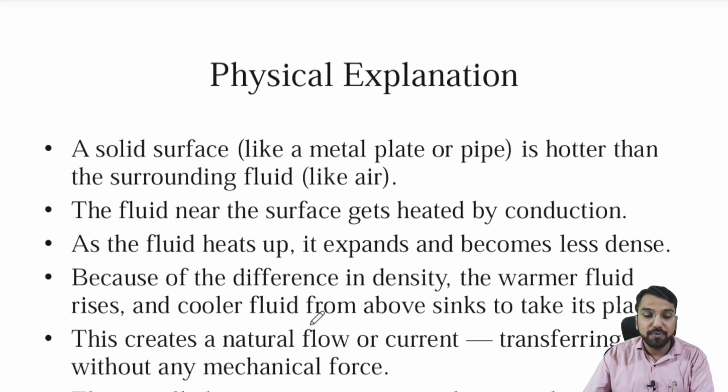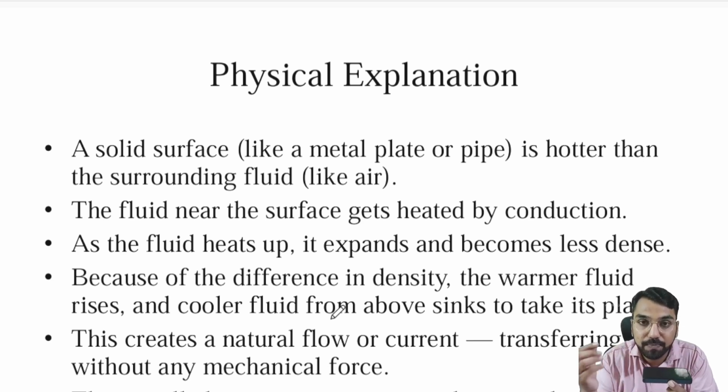So what is the physical explanation of natural convection? As I have explained just before, take the heated plate, and the density difference is caused by the fluid particles coming in contact with this hot plate. They gain some heat, and due to which their density will decrease and they will rise up.